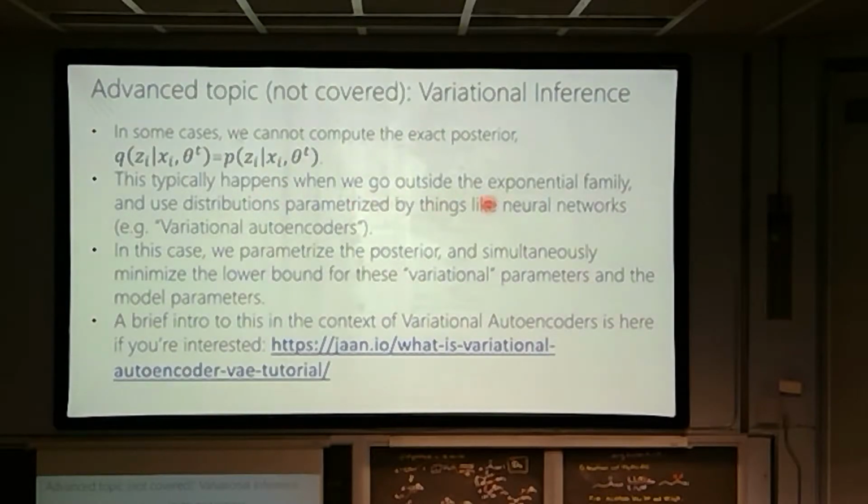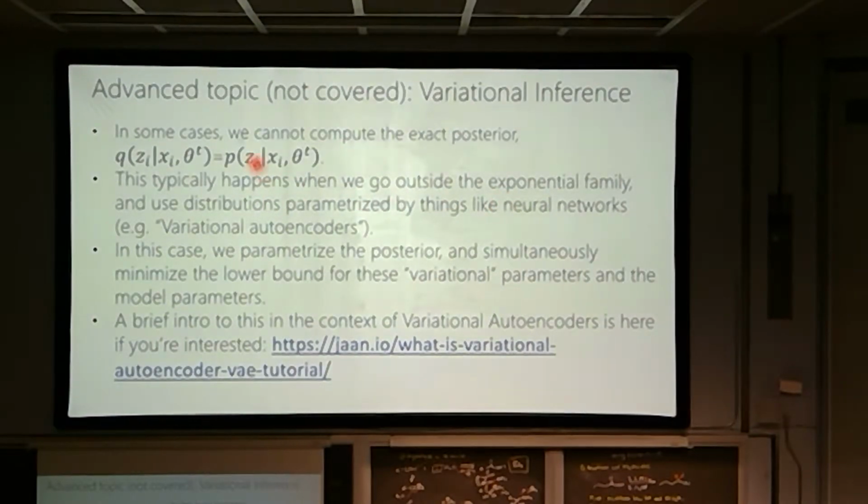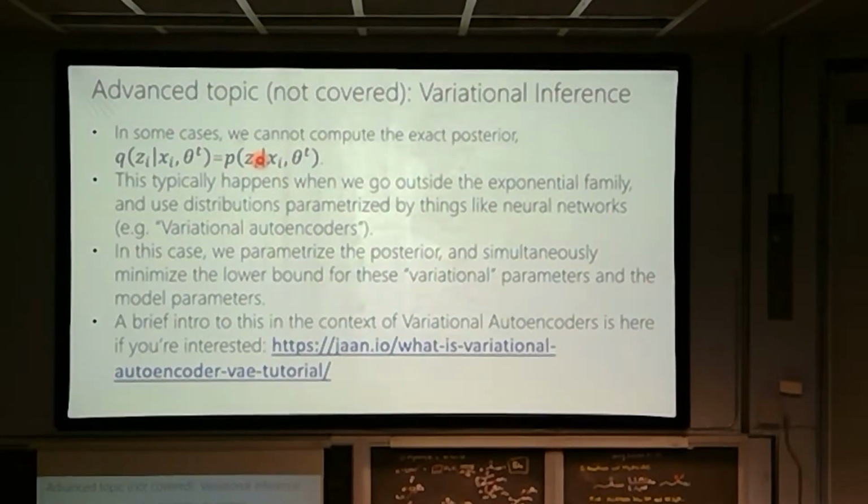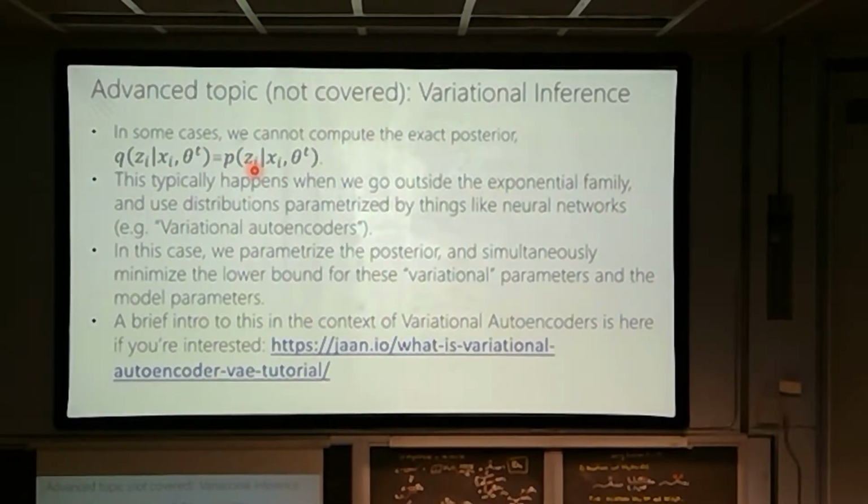But if you go outside the exponential family, there are many cases where you just can't compute this. In other words, you cannot do the E step, and yet you want to, because you want to be doing maximum likelihood estimation. There's a very popular class of models now called variational autoencoders, and this is true for them. Their parameters are not just the mean and covariance, they're actually based on neural networks.